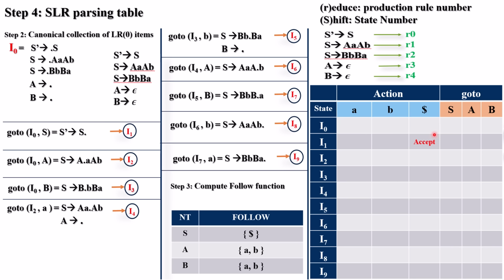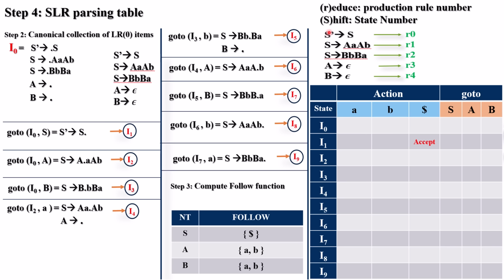What is S? S means shift, R means reduce. We are already giving numbers like R0 for the first production, R1 for the second, R2, R3 and R4 for the others. This R represents the reduce. If R0 is there, then we have to reduce S with S dash.